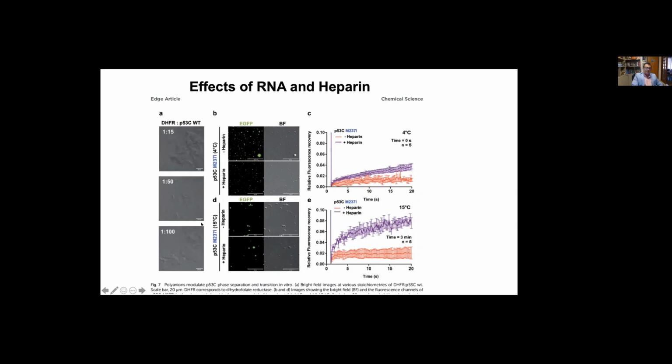So here we just show that in vitro RNA turned the droplets quite fast into the aggregated states. Heparin, that's work with Sarah, showed the other way around: heparin tends, in vitro, to convert the droplet into a state that is less solid and probably more gel-like, and recovers after photobleaching.